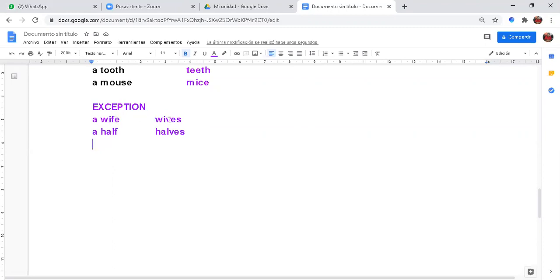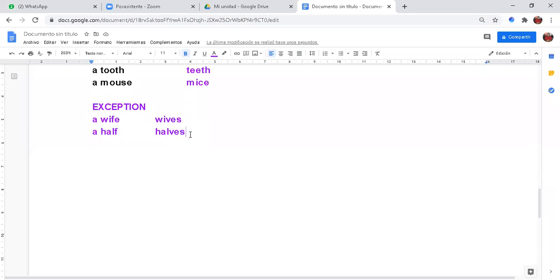Wives. Okay. Turkish people, they have wives. In Bolivia, wife. Cheaters have wives, but an honest man has a wife. Okay, but cheaters, wives, right? Half means mitad, halves.